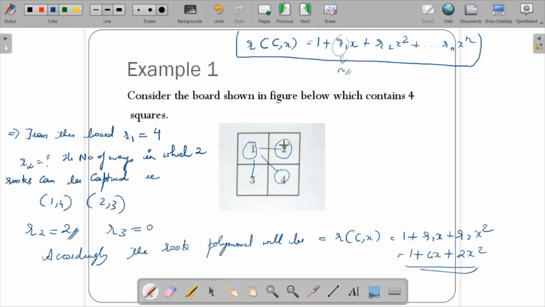Similarly for 2 the pair is 3, whereas for 3 you cannot consider backward, that is 3 1 and 3 4. This 3 2 you cannot combine because already 2 3 is done. If you have any item below, you're going to check. Even for 4, if a below item is there you're going to check. R3 we don't have 3 items, it is just a 2 into 2 board. So you got the value of R2 is 2.